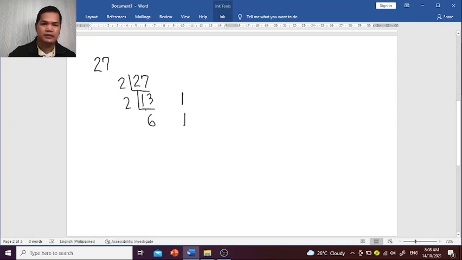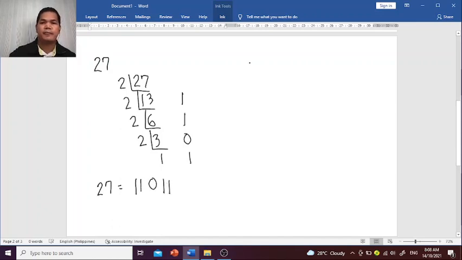6 divided by 2 is 3, remainder 0. And then divided by 2, we have 1, remainder 1. So we have 27 is equal to 1, 1, 0, 1, 1.